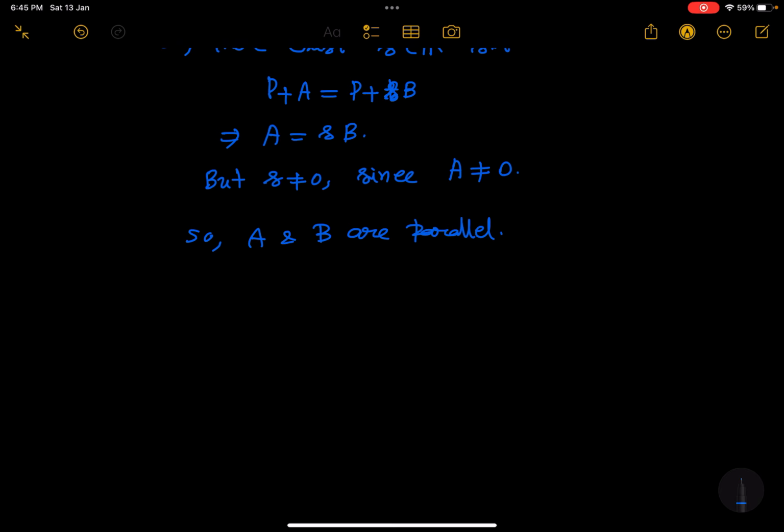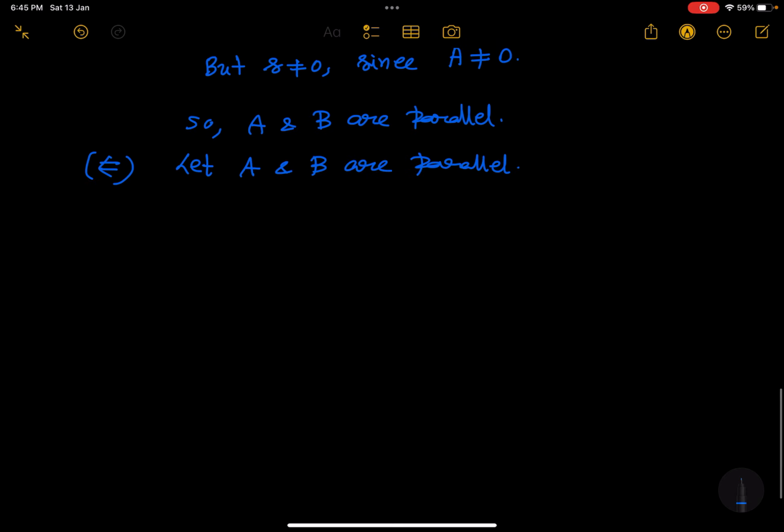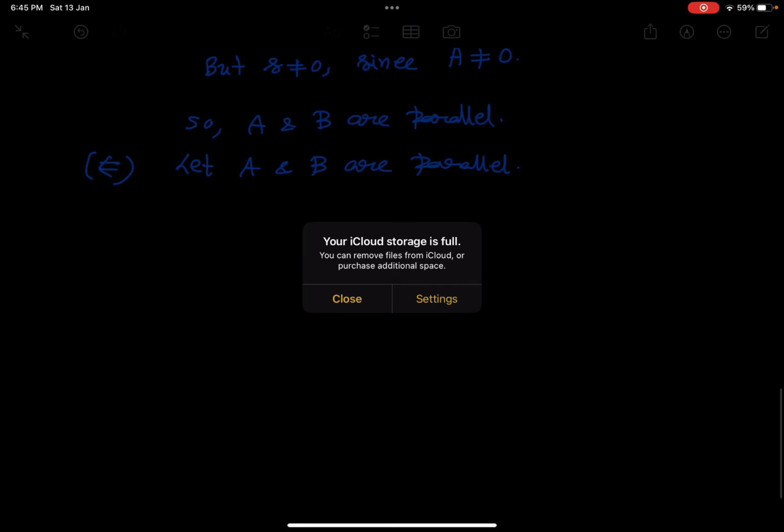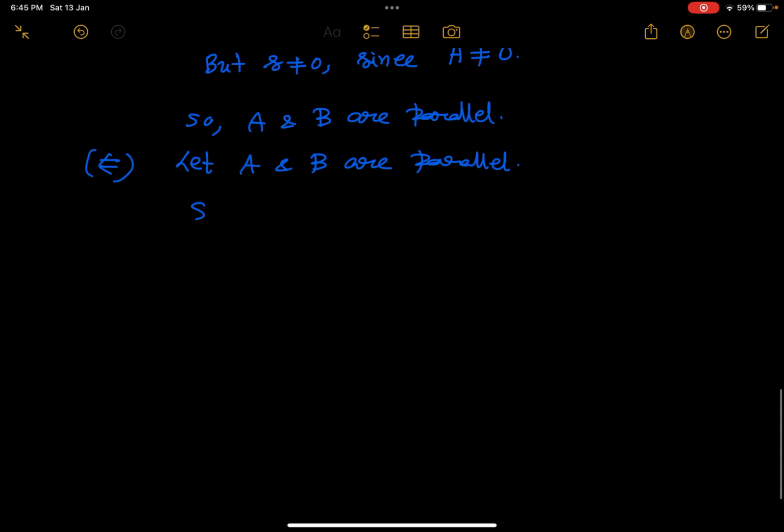Now we assume that these direction vectors A and B are parallel, so A equals CB for some scalar C which is non-zero.